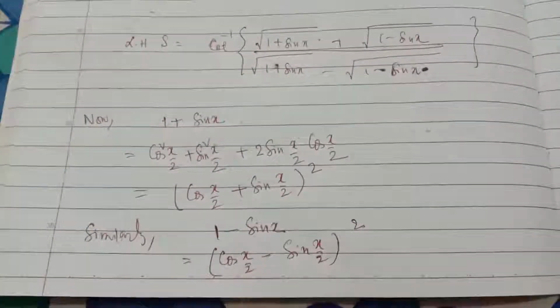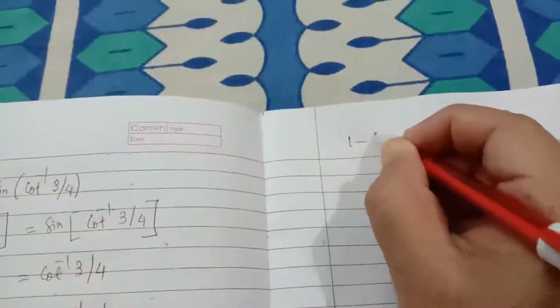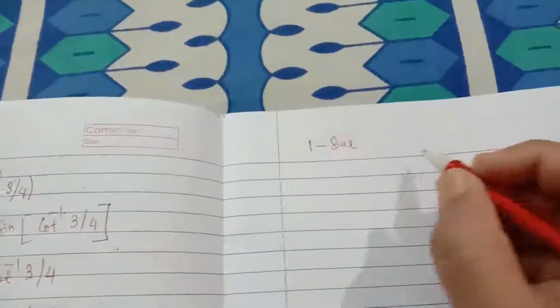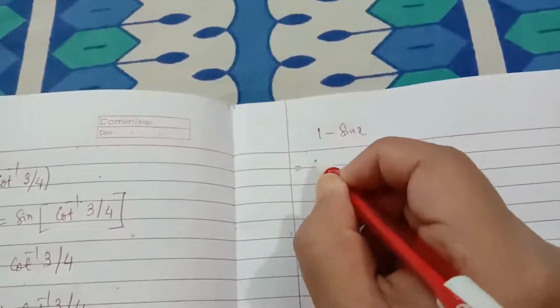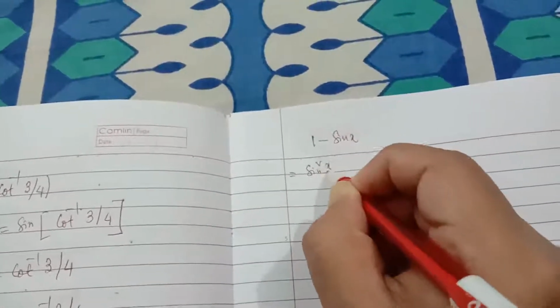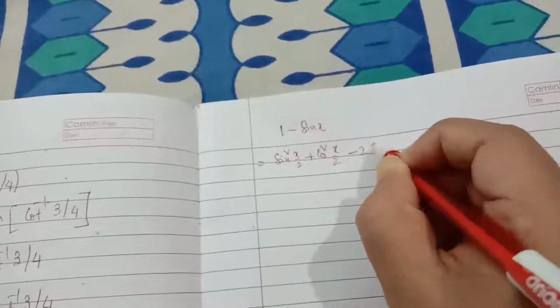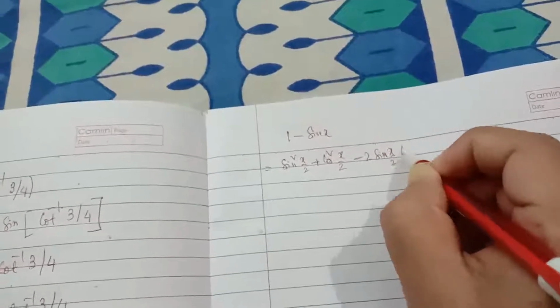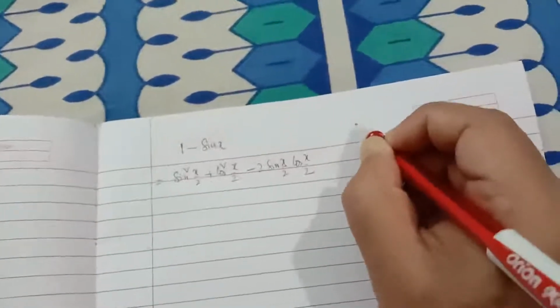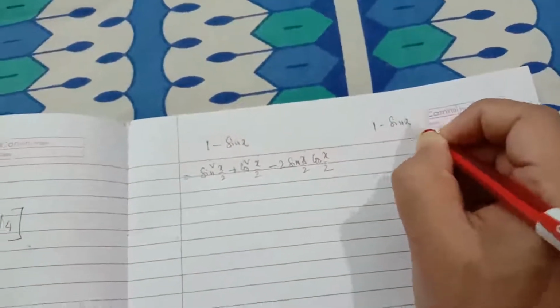Now just see, 1 minus sin x. We can write 1 as sin square x/2 plus cos square x/2, minus 2 sin x/2 cos x/2.